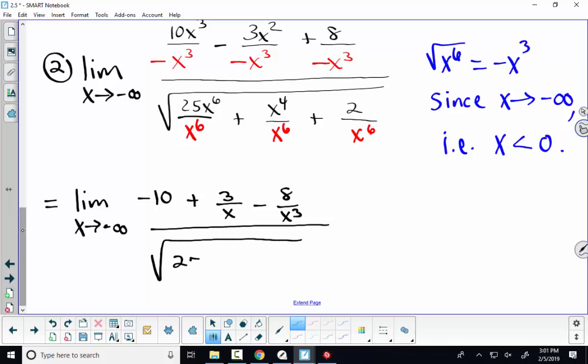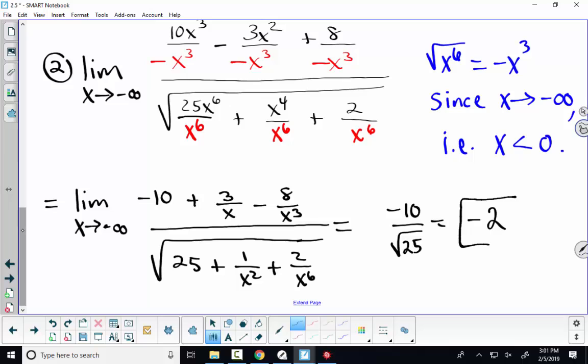This is still 25 plus 1 over x squared plus 2 over x to the 6th. So that limit gives us negative 10 over root 25, which is negative 2.